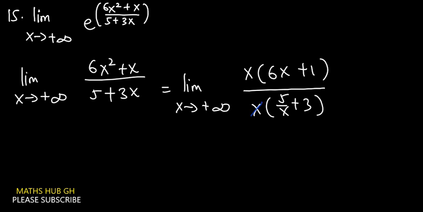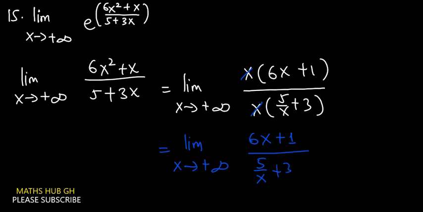So this will cancel out this. At the end, you're just going to have the limit as x approaches positive infinity of 6x plus 1 divided by 5 over x plus 3. Let's do the direct substitution again. You're going to have 6 multiplying infinity plus 1 divided by 5 over infinity plus 3.